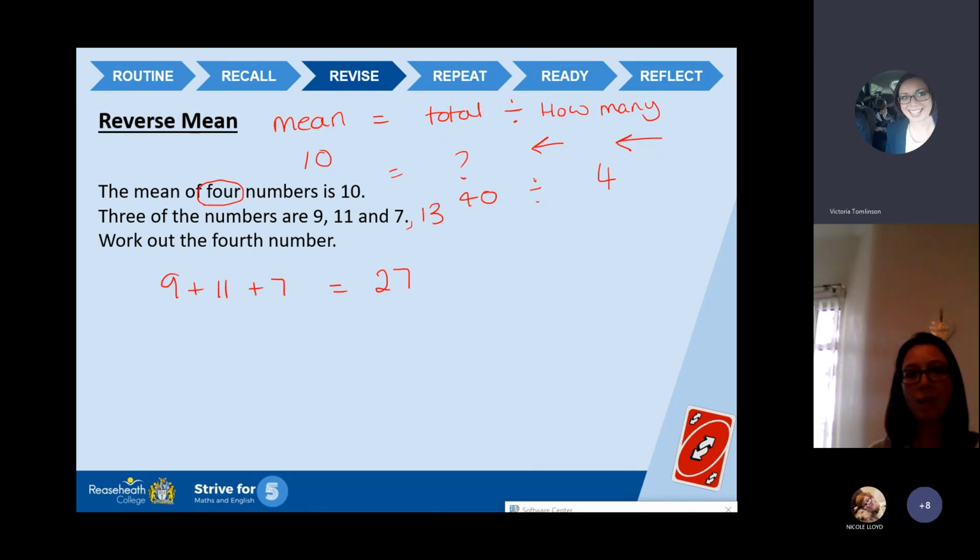So you've got a normal mean and range, a couple of reverse mean, and a range problem. So if you feel confused by these, don't worry too much. The reverse mean is a bit tricky and something that we haven't really done much before. But even if you can just practice doing the mean and range straightforward, that's better than nothing. So see how you get on with those questions.